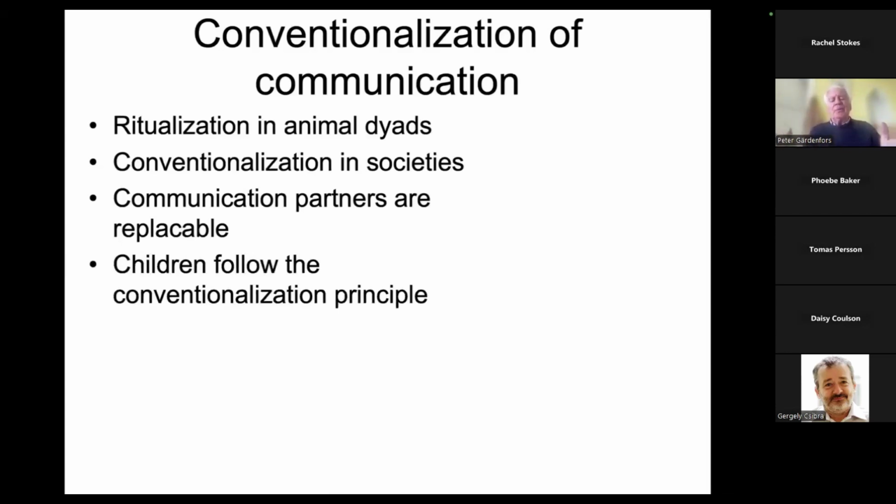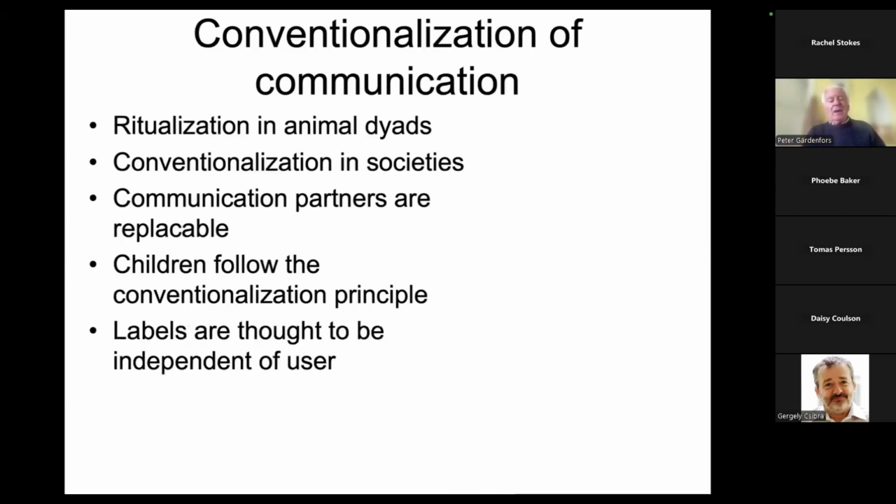And of course, as long as you are in a monolingual society, that works quite well. And if you meet foreigners, then the children are very confused because the conventions don't work anymore. But children are very good at picking up this idea that these signs, which we normally call words, but we can also use hand signs and so on, mean the same thing for all the individuals in the society.